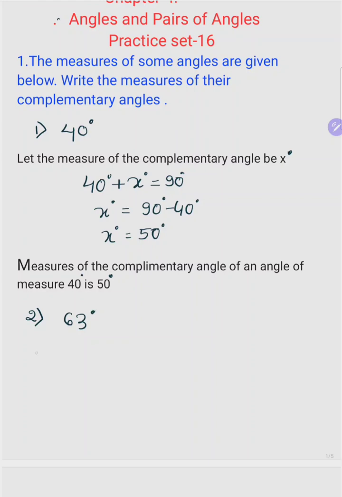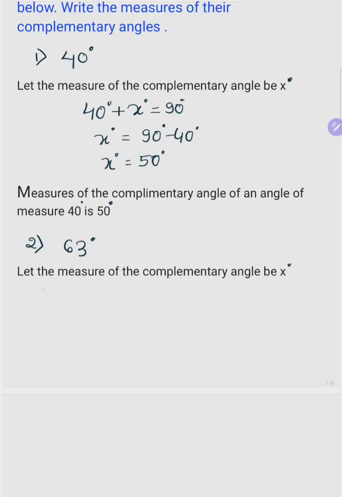And this second one is 63 degree. Let the measure of the complement angle be s degree. Then 63 degree plus s degree is 90 degree.